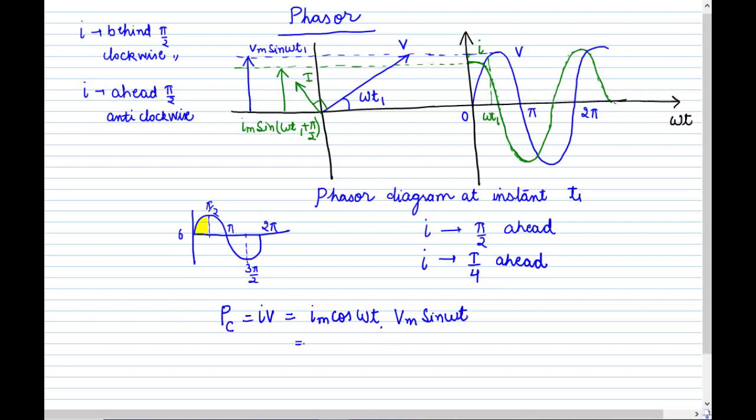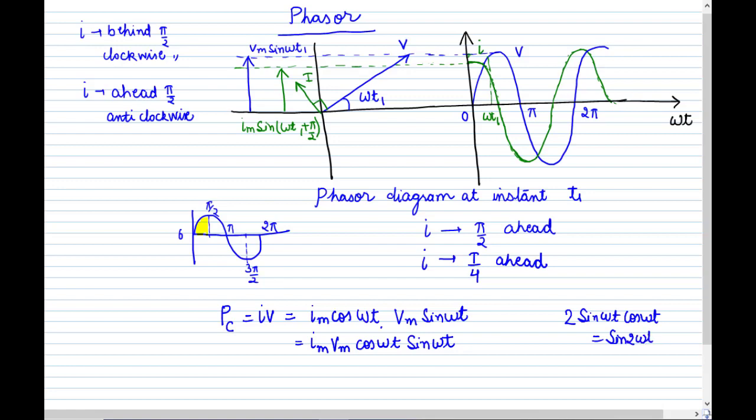So we can write it down as Im into Vm, then cos omega t into sin omega t. There are two trigonometric functions, so we know this rule that 2 sin omega t cos omega t is equal to sin 2 omega t.